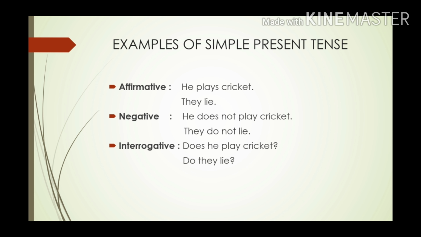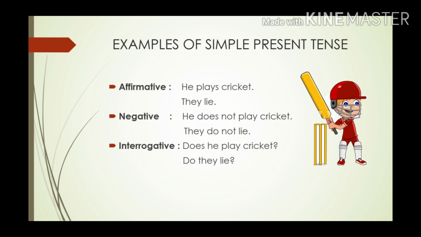Let's see a few examples of simple present tense. In affirmative sentence, affirmative means a statement of agreement in which we agree. The examples are: he plays cricket. So here you can see he is the subject and it is singular. So we are putting s with the verb play.